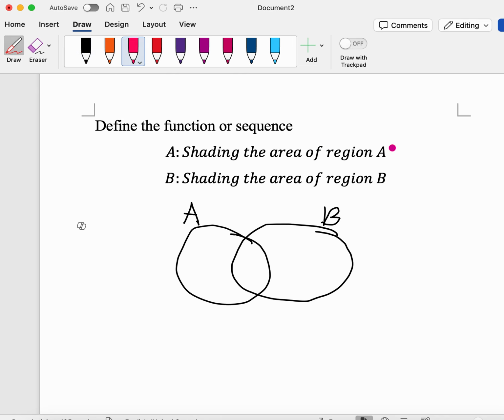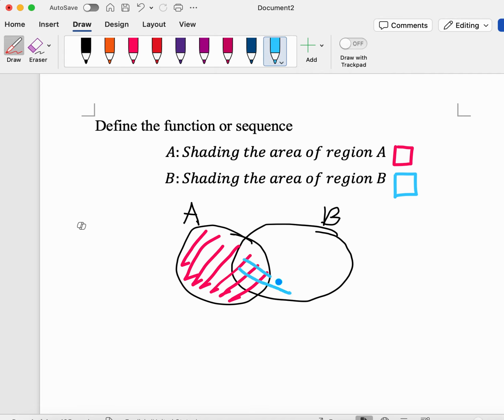For A, I will do it in pink, and for B, I will do it in light blue. So we define it this way. Let's see what happens. I'm going to shade this very roughly, just drawing a bunch of lines to save time. And then we do the light blue. Do you see the problem now?